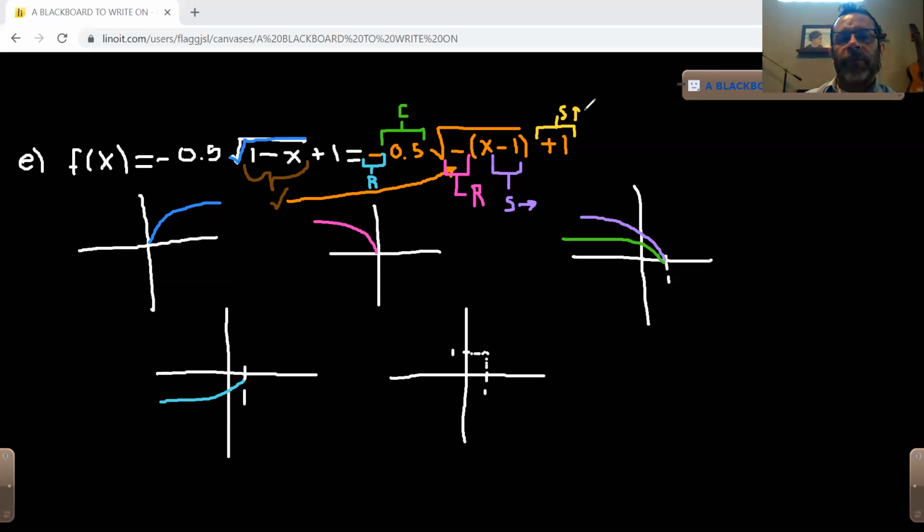And so what we're going to have is a graph that goes, let me draw that a little bit better, from here to here, okay? It crosses there. Now that would be the final graph.